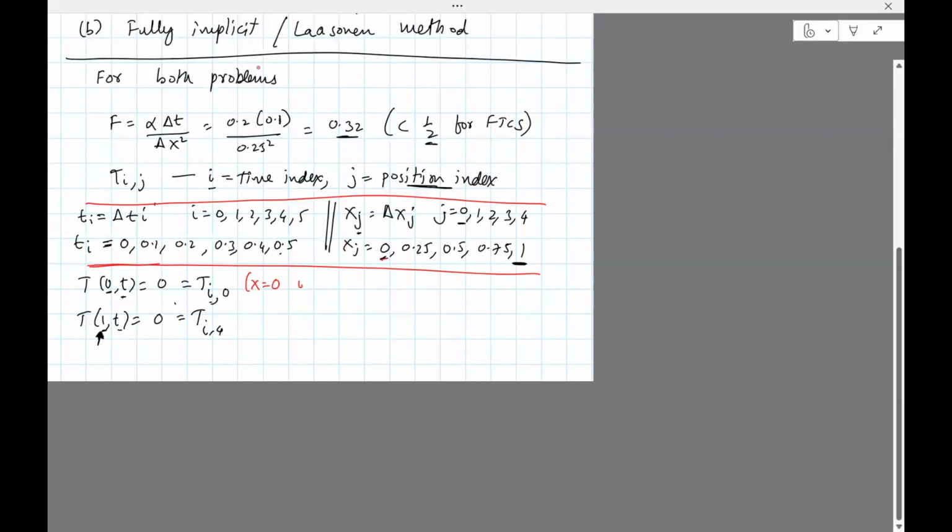So x equals 0 corresponds to j equals 0. And then x equals 1, the index j corresponds to 4. And that's why I have i comma 4 and i comma 0. Okay, so that's one initial condition.